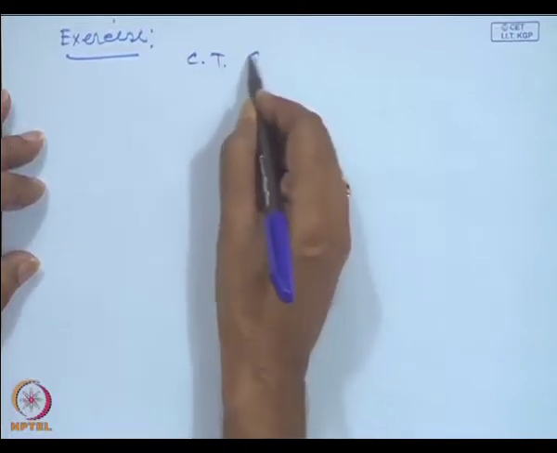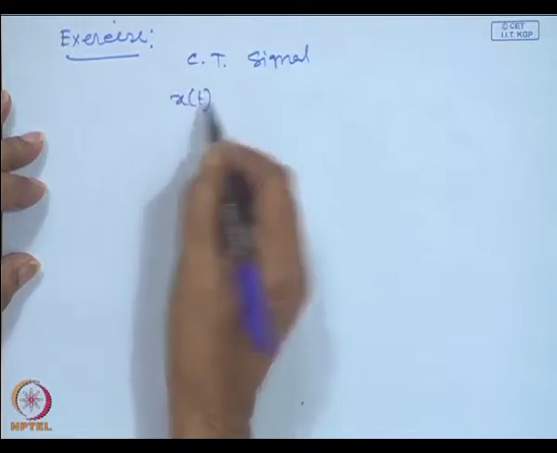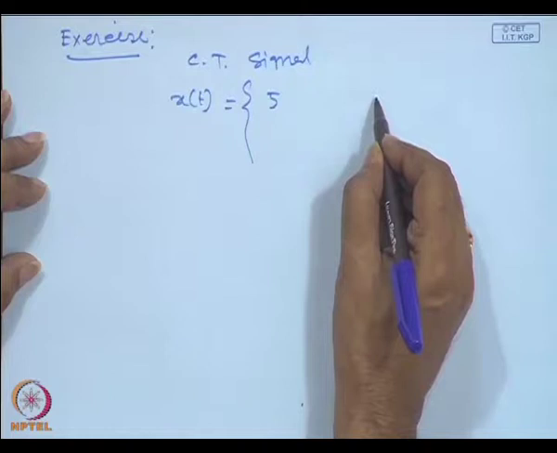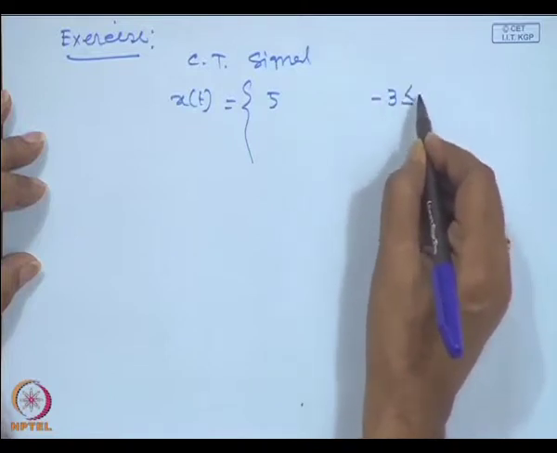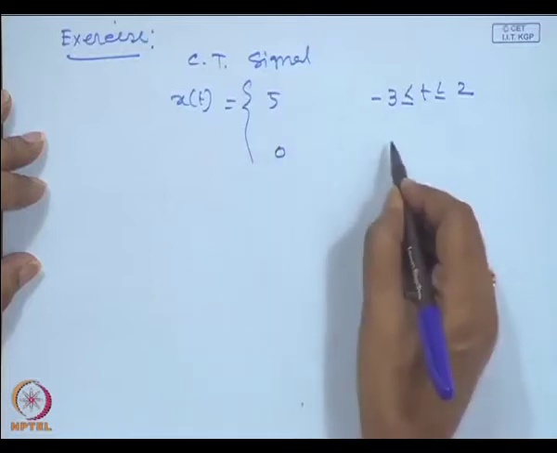This is the continuous time signal, x of t is equal to 5 when t is between minus 3 and 2, and 0 elsewhere.